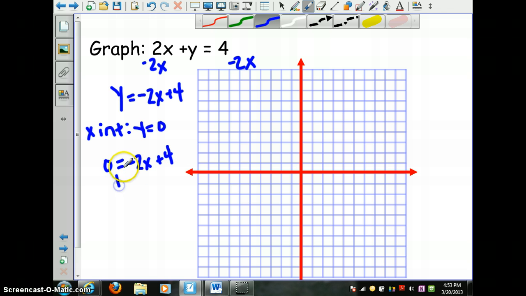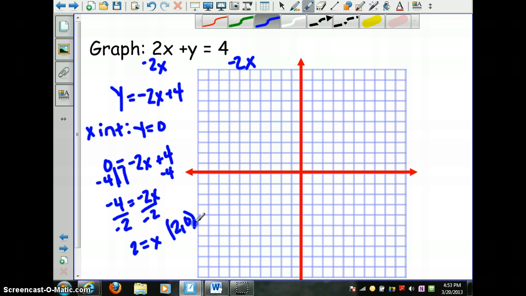So we're going to solve for x. We subtract 4 from both sides. And then we have a negative 2x. We're going to divide by negative 2, divide by negative 2. So 2 equals x. So our x-intercept is going to be 2, comma 0.